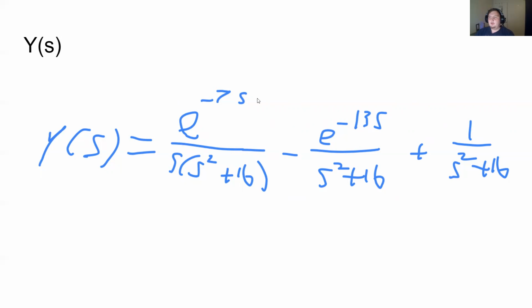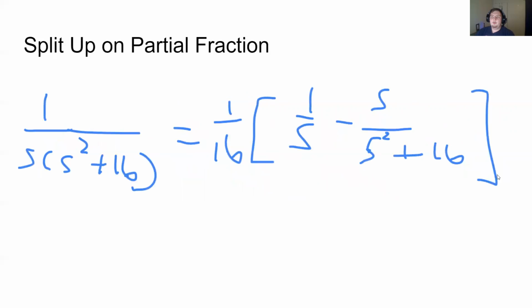First things first, this right here, 1 over s times s squared plus 16, is a kind of tricky fraction to deal with. So what we'll actually end up doing is we'll split it up with partial fractions. We're not going to get too much into the algebra here, but using partial fractions, we get 1 over 16 times 1 over s minus s divided by s squared plus 16.